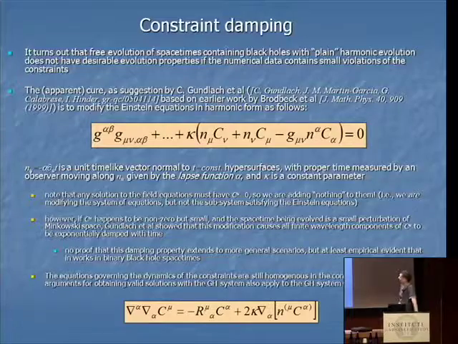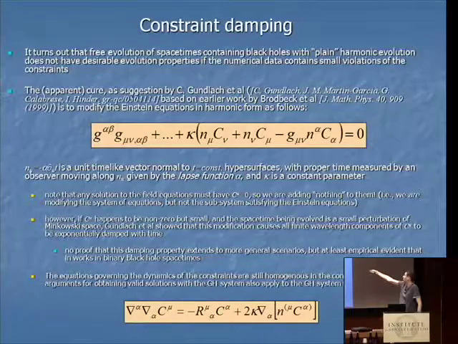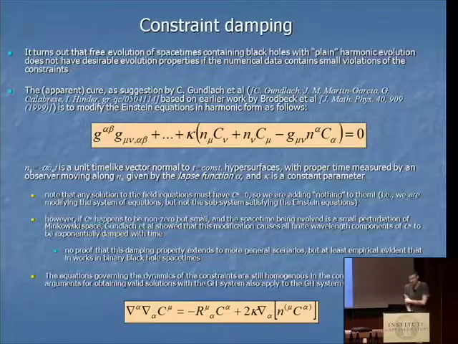So the idea is, we've got this expanded system of equations with these constraints, and we can still play around with the equations by adding any function of the constraints that we want. Here we've got the Einstein equations, and now we're going to add some function of the constraints. A solution to the Einstein equations has c equals 0, so we're adding 0 to the equations, we're not changing them at all.